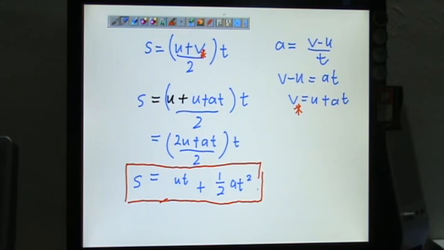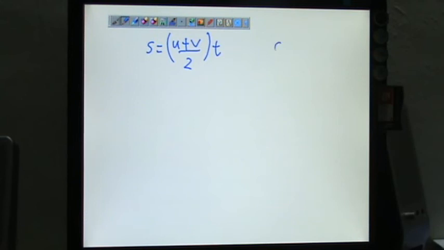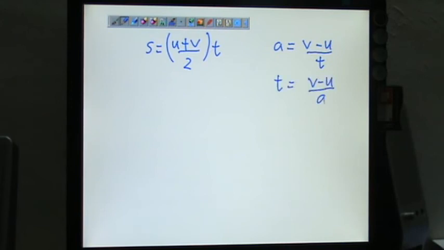Let's have the second proof. As we have said before, we have s equals u plus v over 2 times t. Again, we will employ a equals v minus u over t. But do you realize that if I put t here, I have v minus u over a?